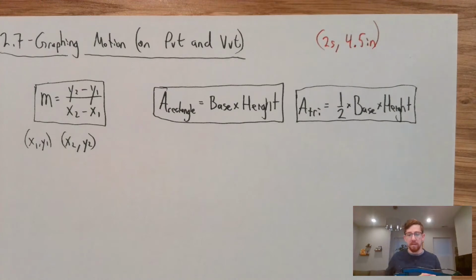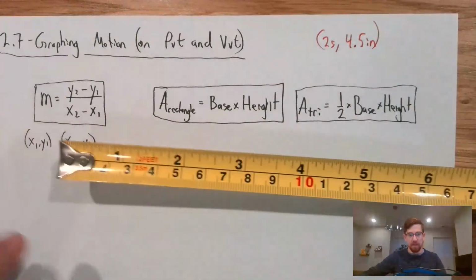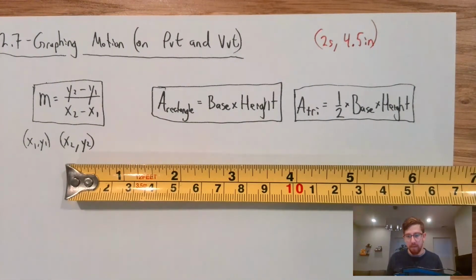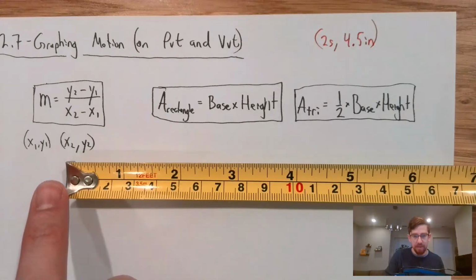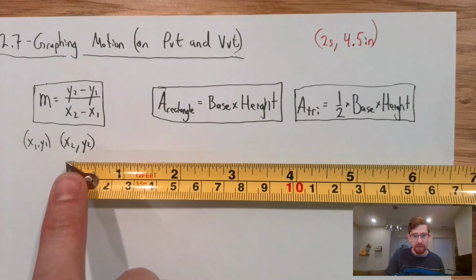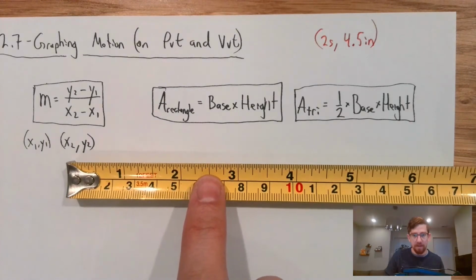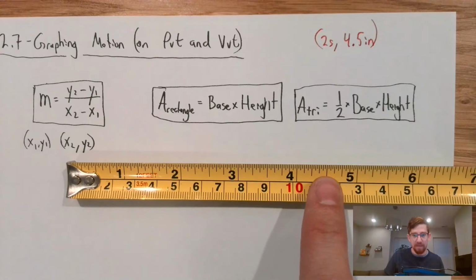This would mean that we have an object. Take a look at this tape measure here. That would mean that we're measuring the motion of an object on a stopwatch. And it means that it probably started at 0, 0, but we don't know. But this means that 2 seconds into the journey, the object is located right here. Oh no, excuse me, it'd be over here, 4.5 inches.